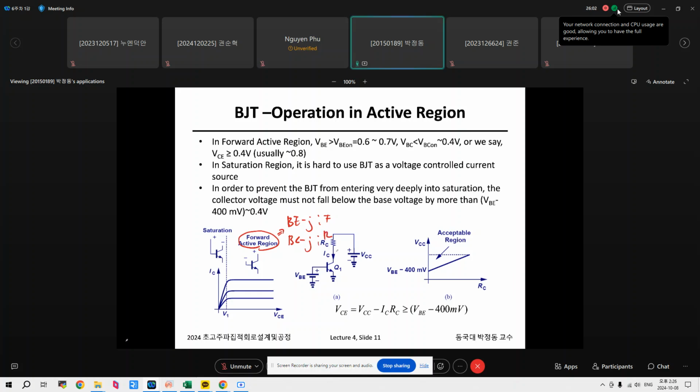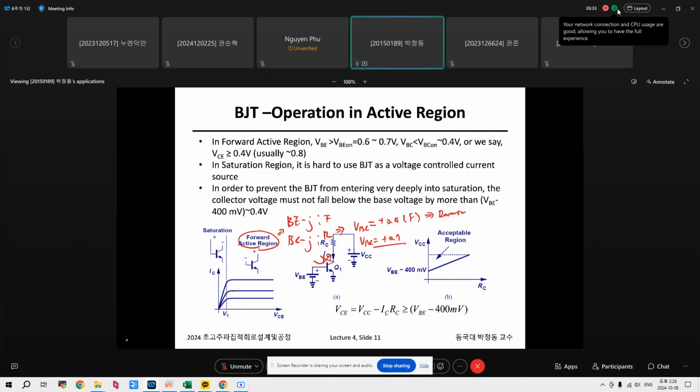Here we assume it is reverse up to VBC of positive 0.4, which is actually forward. Since if VBC is higher than 0.7 volt, current conducts through this. But if VBC is less than 0.4 volt, there is no current at all. So we consider this as a reverse bias.